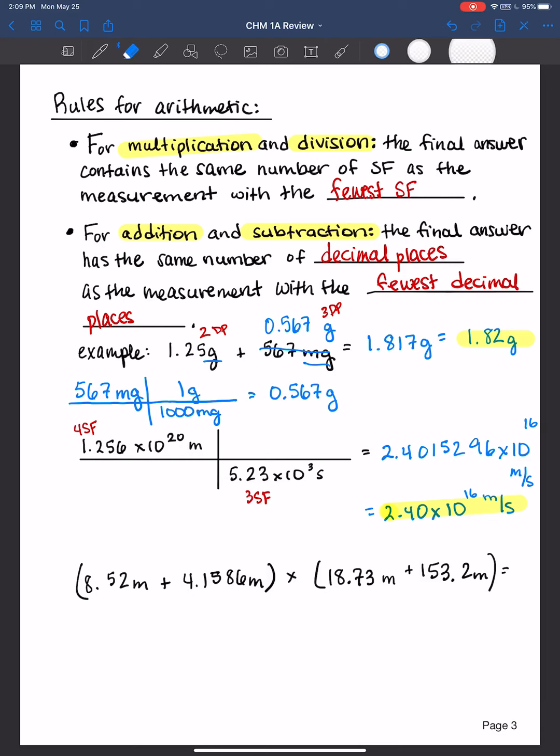And then the final operation would be multiplication. All right, so let's go ahead and do that. If I plug 8.52 plus 4.1586 into my calculator, I would get 12.6786 meters.